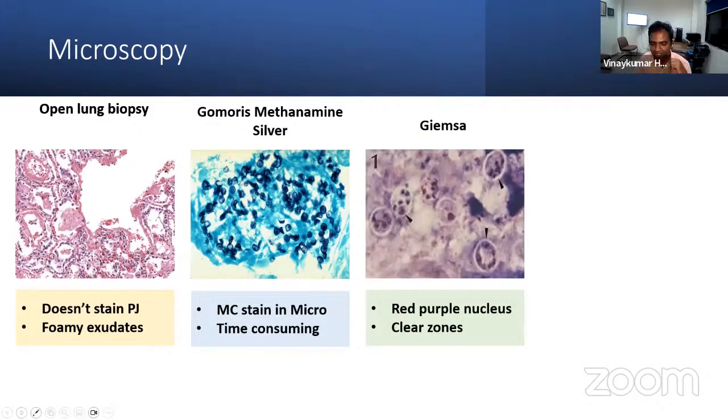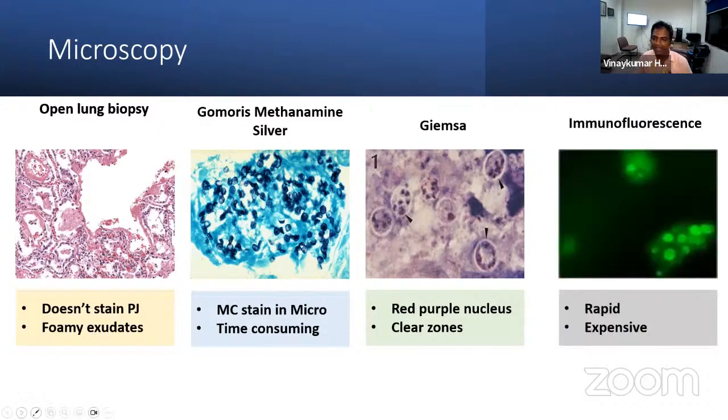And then you have Giemsa, wherein the organism shows a red-purple nucleus and a clear zone around it. So this is how a cyst looks. And then finally, the one that is rapid, and the one that is sensitive, and the one that is expensive, and the one that is not available in the majority of places, that is immunofluorescence, right?